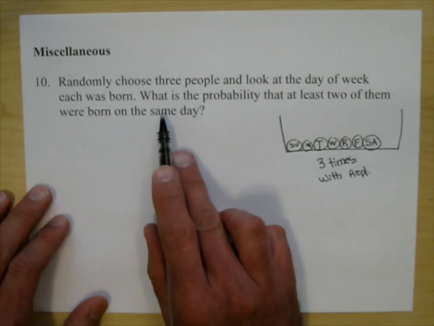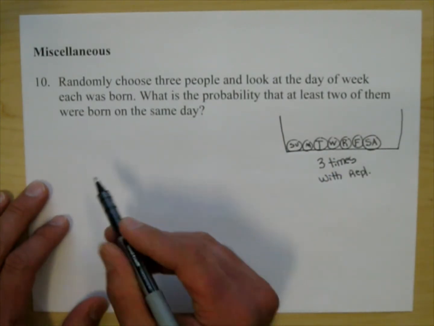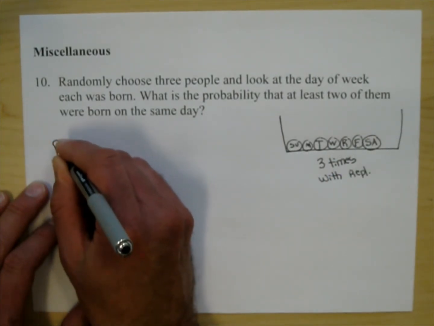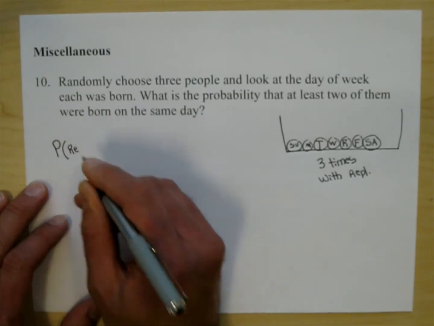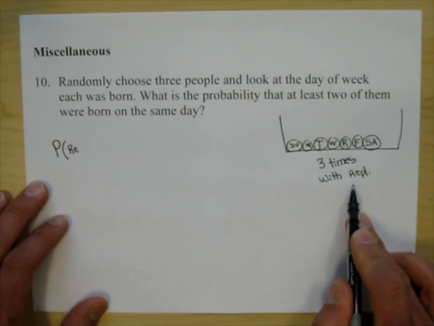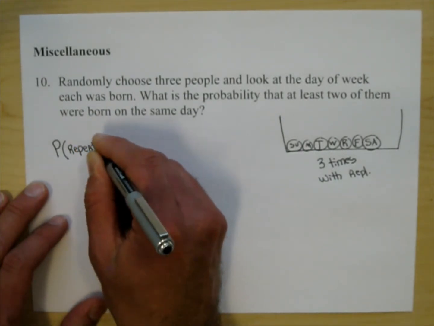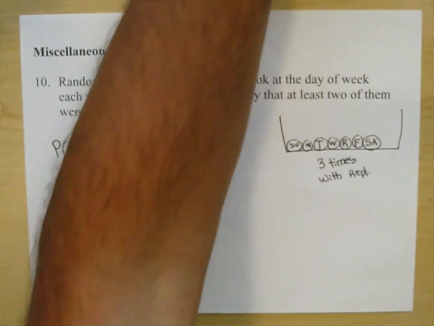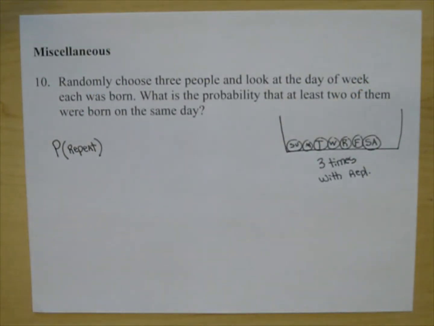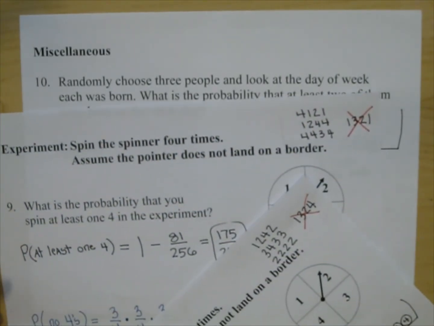What they want to know is the probability at least 2 of them were born on the same day. Here's another way of looking at this: what is the probability of doing this experiment and getting a repeat? We have these 2 problems, problems 8 and 9, and 9 did have an "at least" in there.